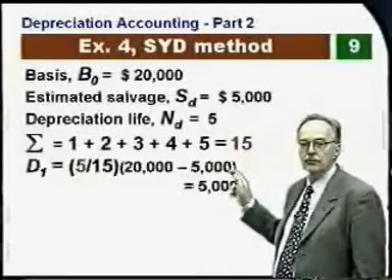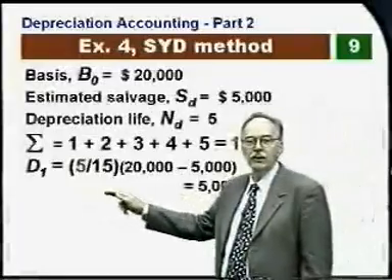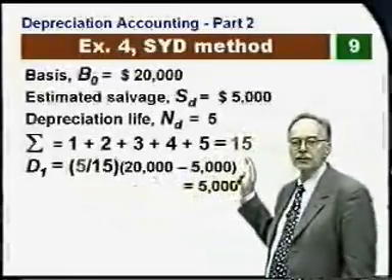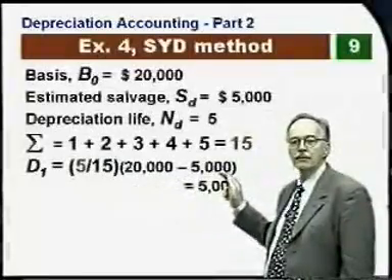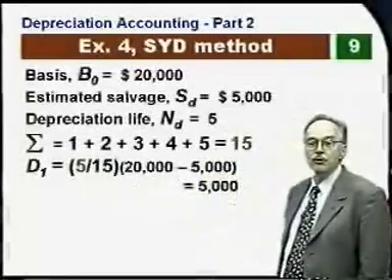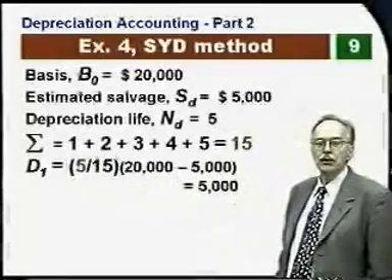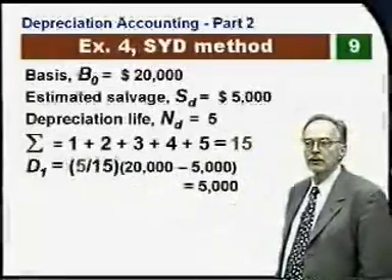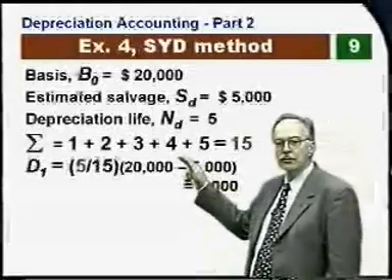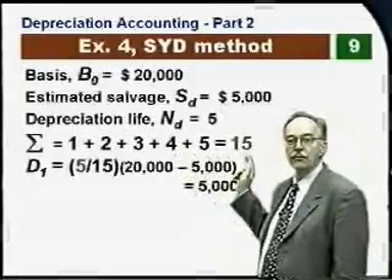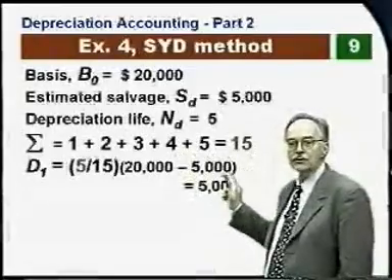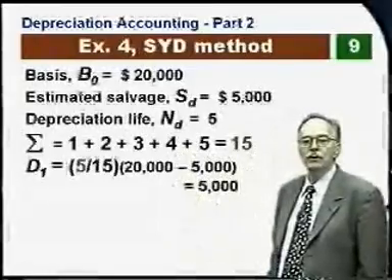So the first fraction is going to be 5 over 15. This integer divided by the sum. We apply that to the estimated loss in value, 15,000, to get the first year depreciation of 5,000. The second fraction will be obtained by taking this next integer in reverse sequence, that's the 4, and dividing it by the sum of 15, and then applying that to the same anticipated loss in value.